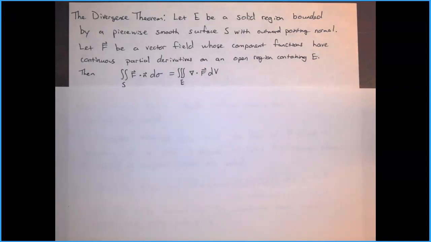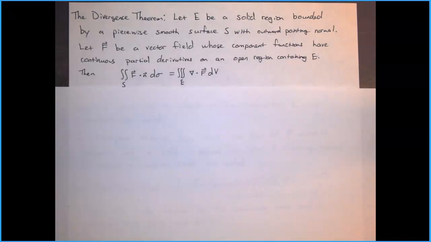So we have some solid region. S is the entire surface of that region, and we have an outward pointing normal. If we have a vector field that has continuous partial derivatives on an open region containing E, so again we need to have a little bit of wiggle room with the continuity of these partial derivatives.